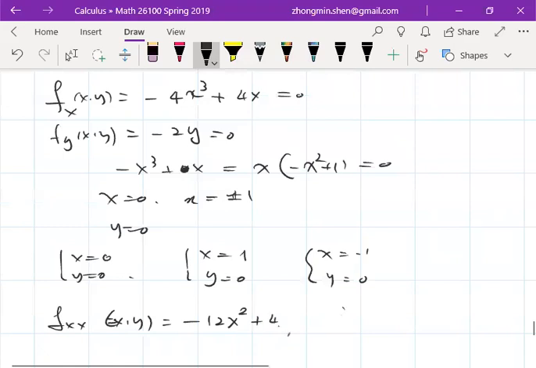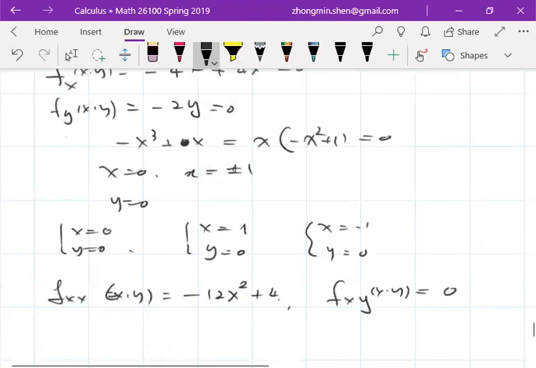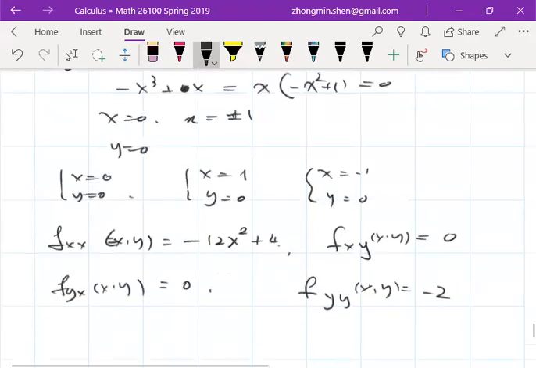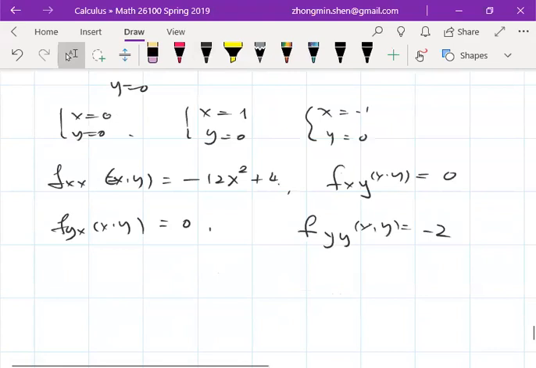Then the partial derivative with respect to y, fxy, is going to be 0. Great. So this matrix is already diagonal. fyx is also 0 and fyy is going to be negative 2. So this is a very special matrix. It is already a diagonal matrix.